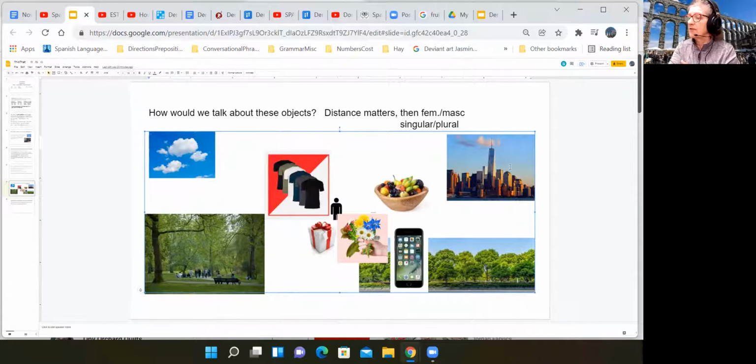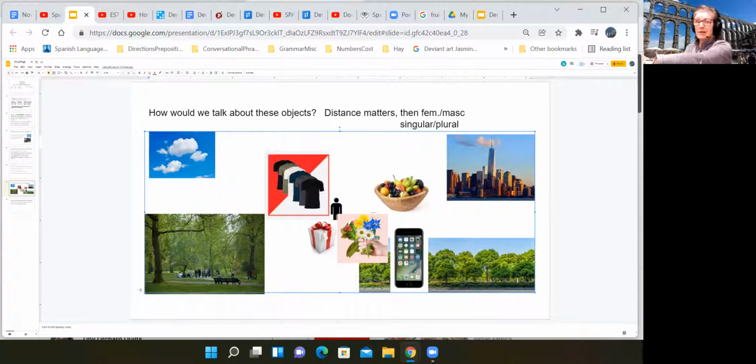Okay, let's look at edificios, buildings. Esos edificios. They're pretty far out though. Aquellos edificios.